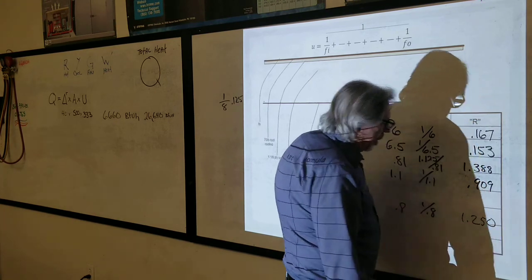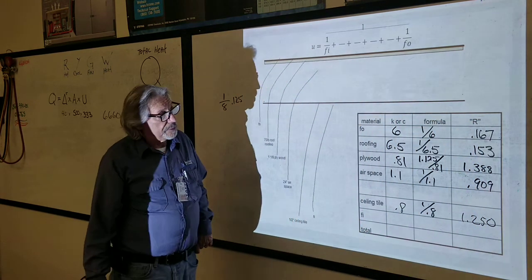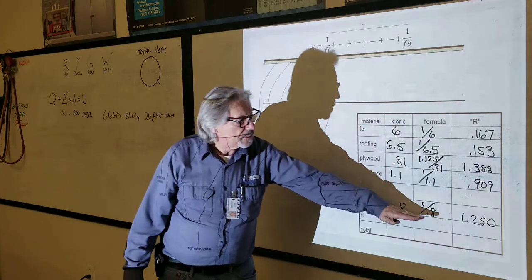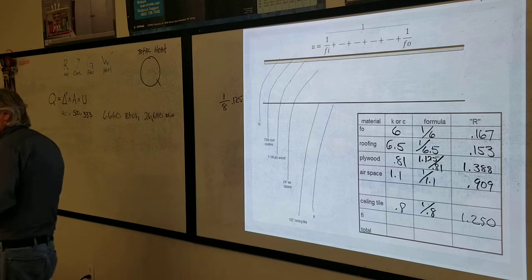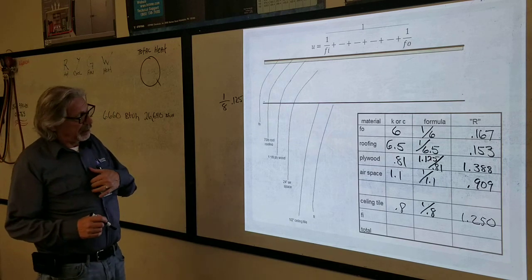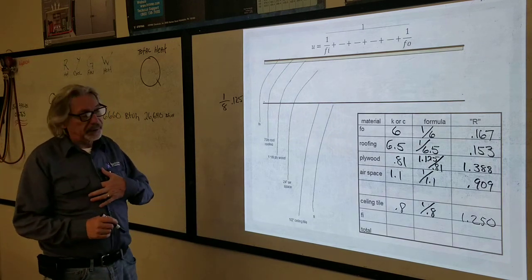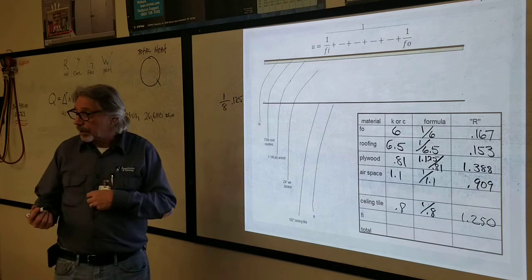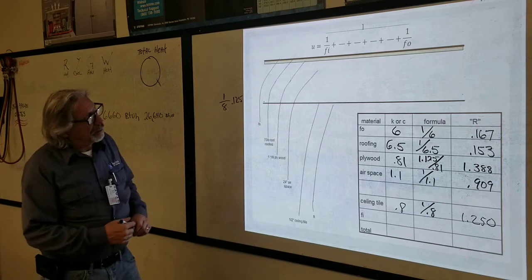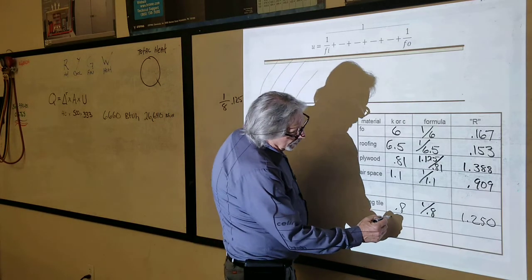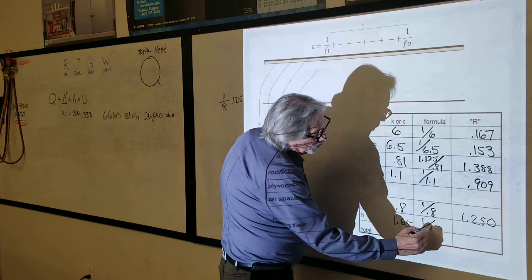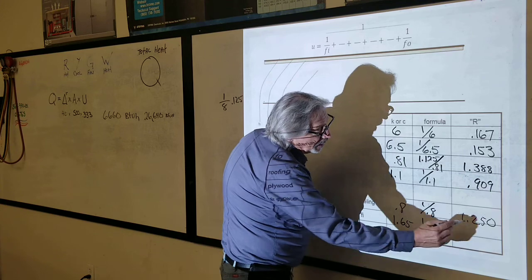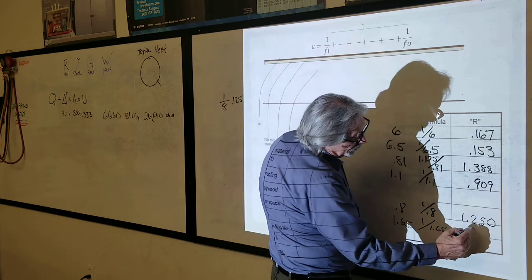Okay, so we add up all the R values, and we'll come up with what? The feet is 1.65, and 0.606.